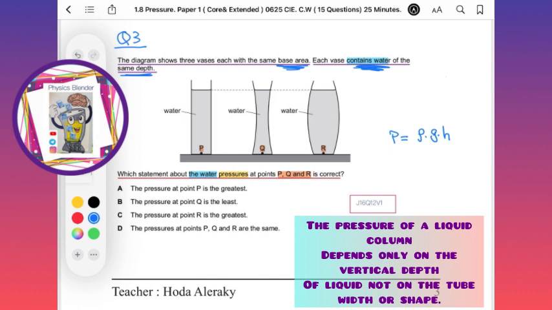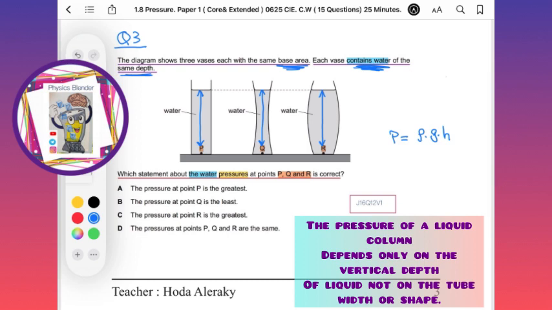If you look at the 3 different containers here and you look at the height of water, you will find that water height is the same in each case, although you have different shapes for the container.